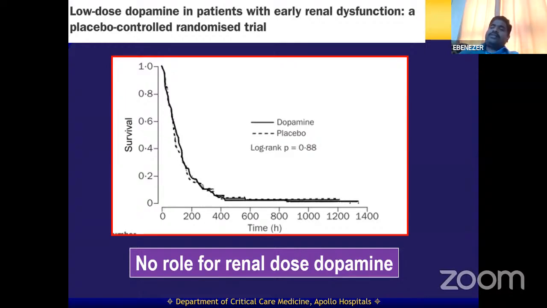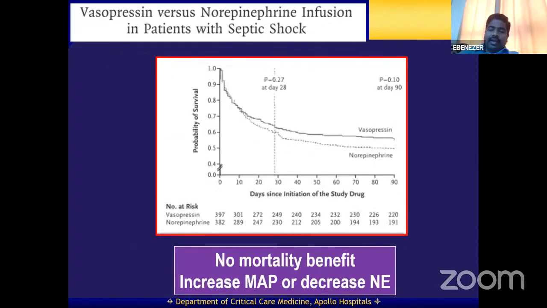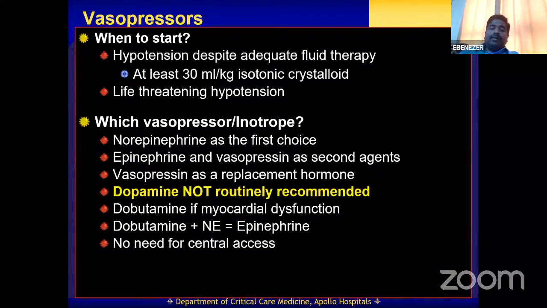Still in cardiothoracic ICUs, some cardiac surgeons still fancy low renal dose dopamine to improve the urine output. Exactly, that will only improve the urine output. That has got nothing to do with your hemodynamics. Okay, so as you know, norepinephrine is the first choice. In spite of norepinephrine, if the blood pressure is not improving, then you will be introducing vasopressin.